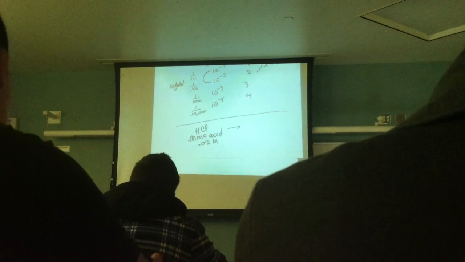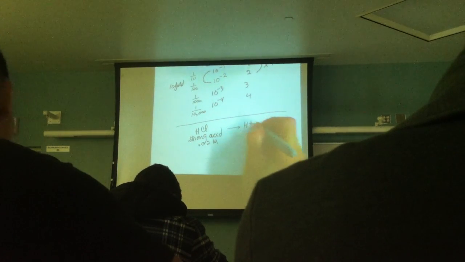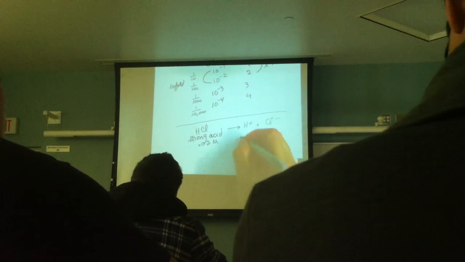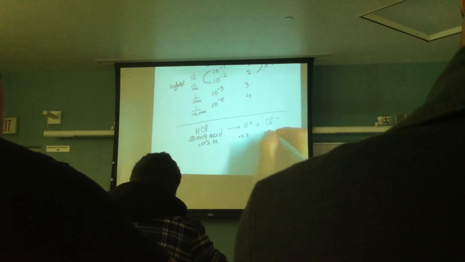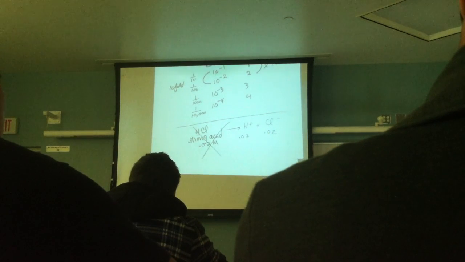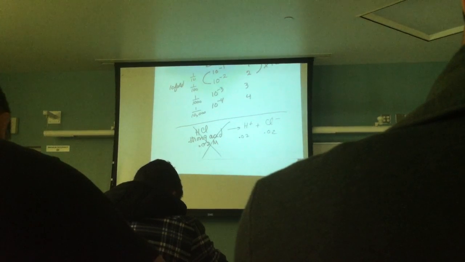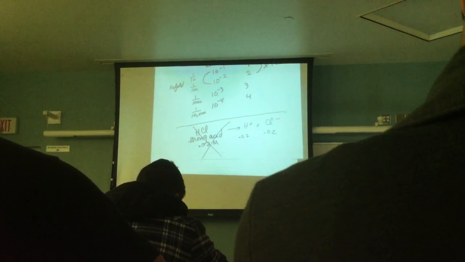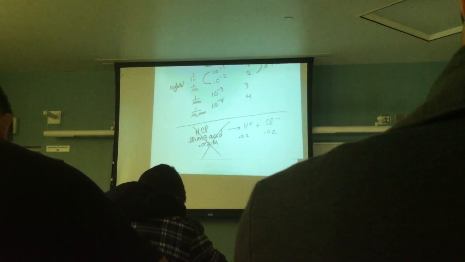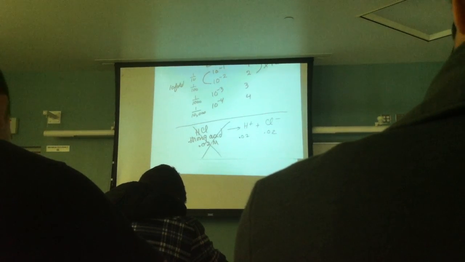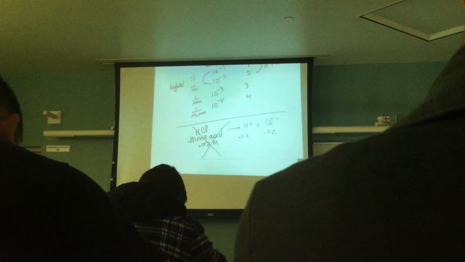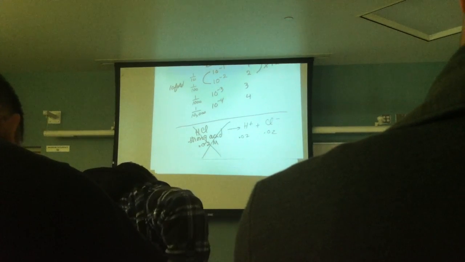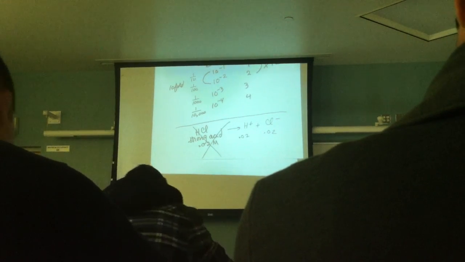All of them will ionize. I get 1 hydrogen ion, I get 1 chloride ion. No more molecules done, no more. All of them broke into ions. I say broken to make it easy for you. Young people, you're going to say all of them ionized. All the molecules ionized.